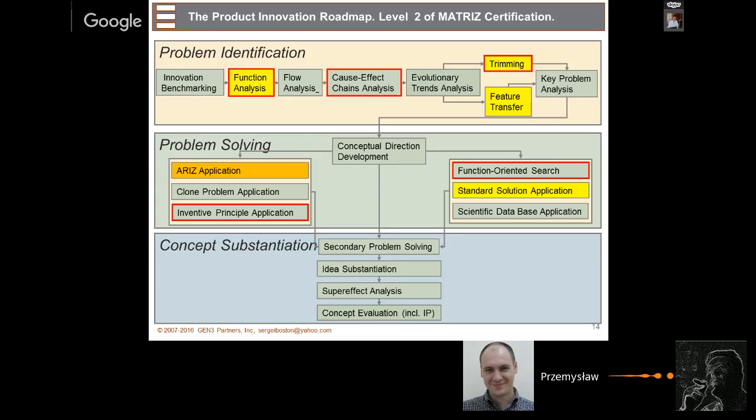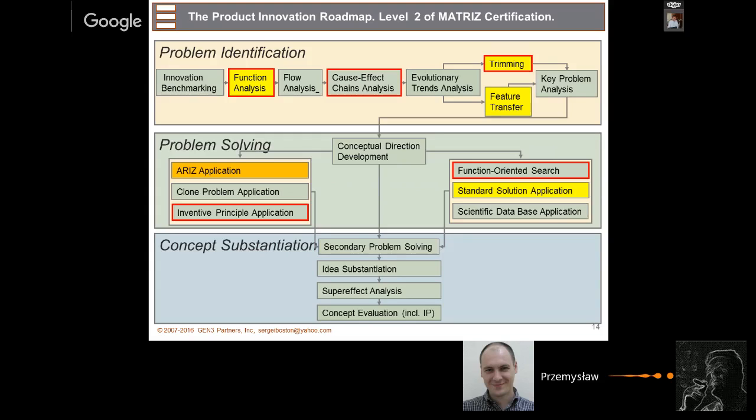There are 3 very important claims to fame of ARIZ. First of all, it takes a problem that we want to solve, and as we go through this algorithm step by step, we remodel the same problem in all the different ways that TRIZ offers. We remodel the same problem as a technical contradiction, as a physical contradiction, as a substance-field model, as a function.